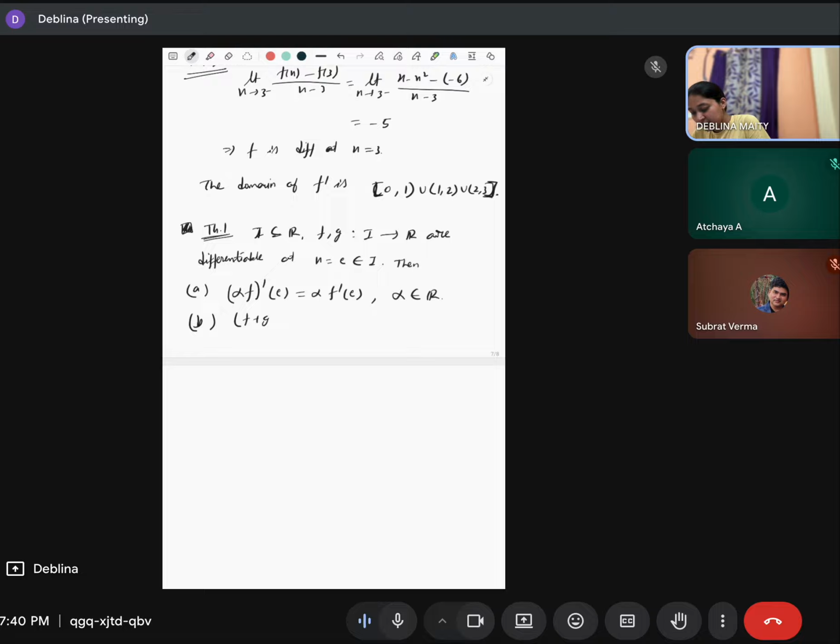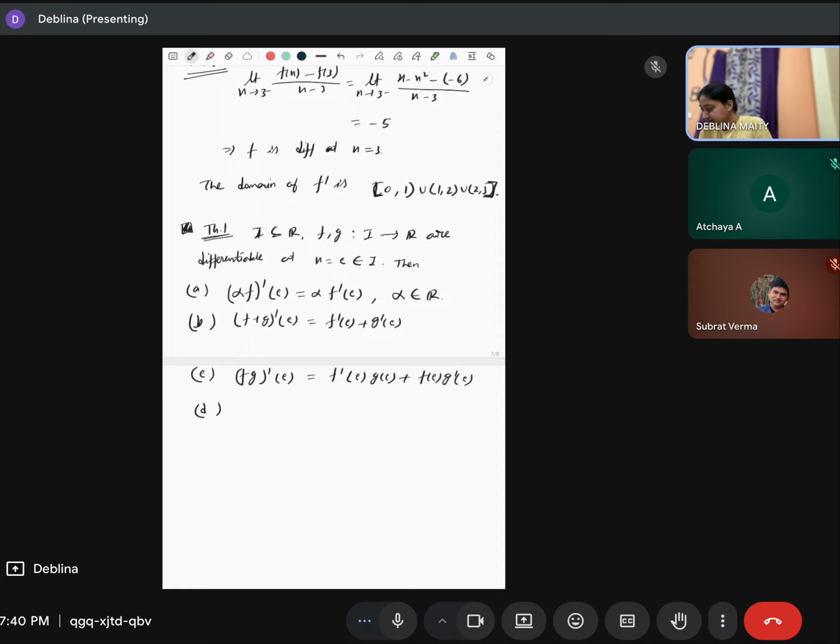And f plus g dash c equals f dash c plus g dash c. If we multiply and then take the derivative at c, then it will be f dash c g c plus f c g dash c.